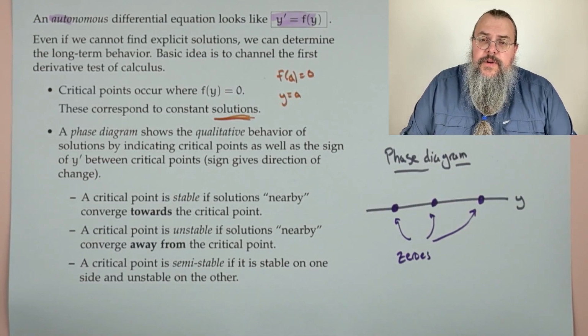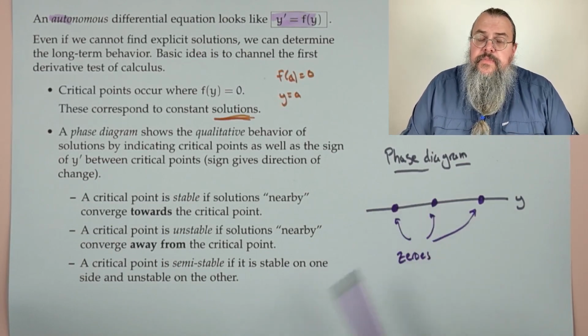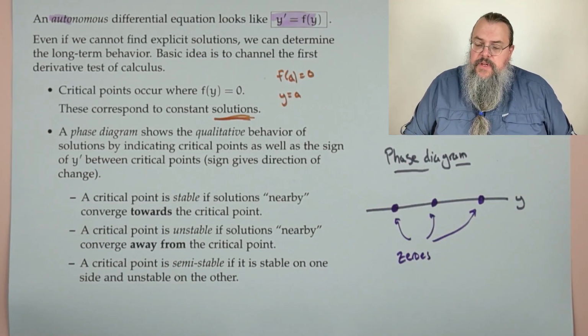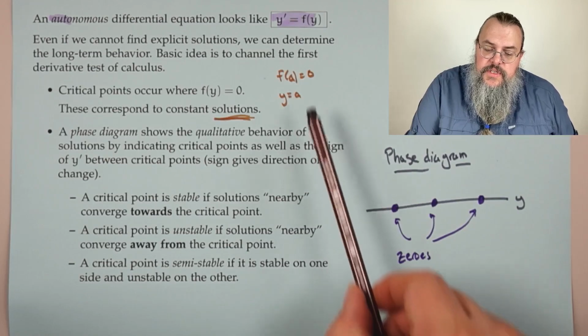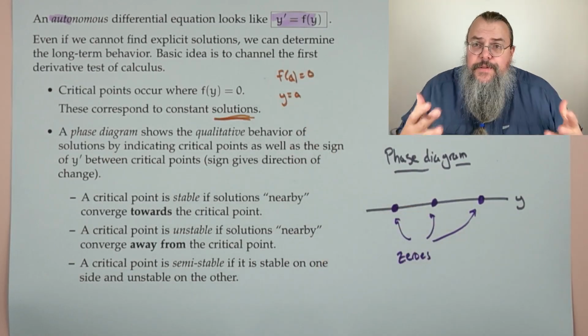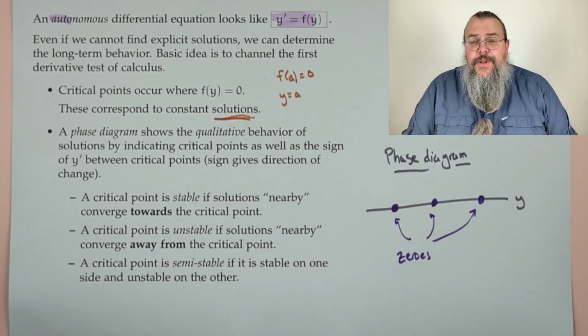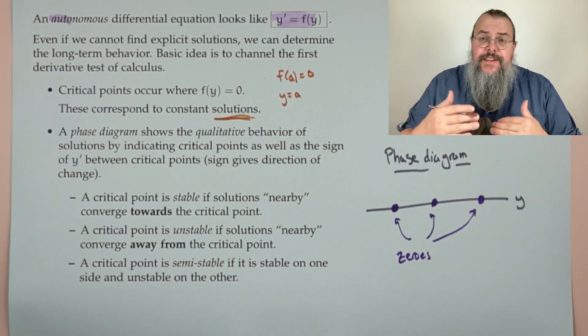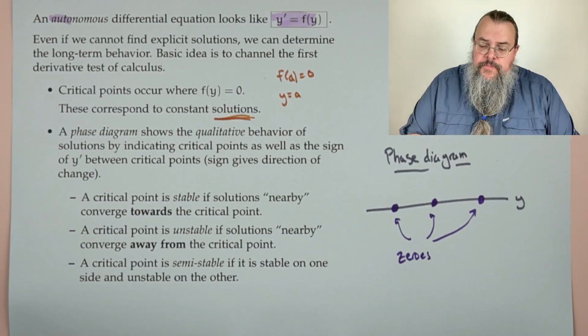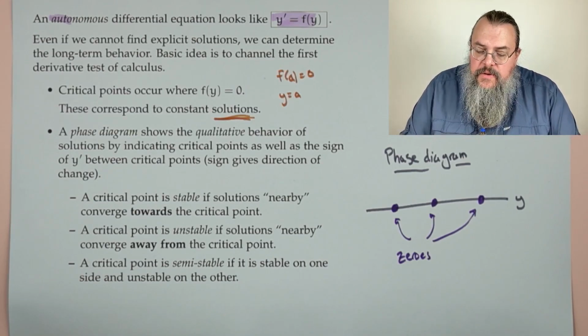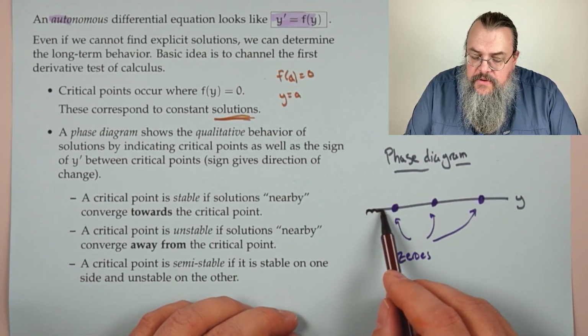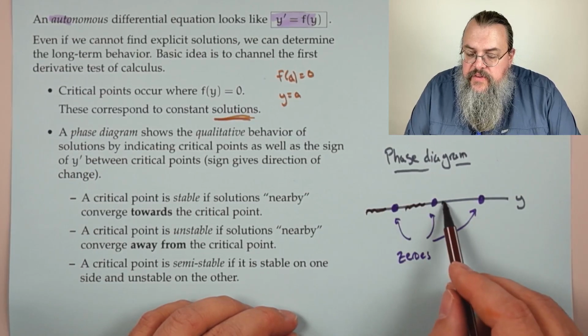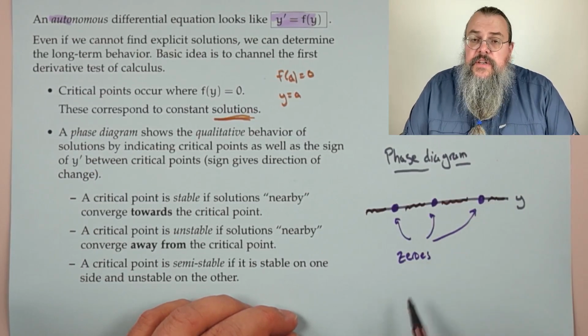And now we can say, well, what's happening in between? If we think about what's happening, assuming we have a reasonable function, and of course, we'll only look at reasonable functions, the only way we can change sign is to go through 0, which means that for each interval, we can look at the sign of the function.